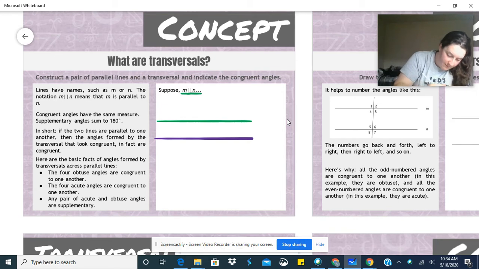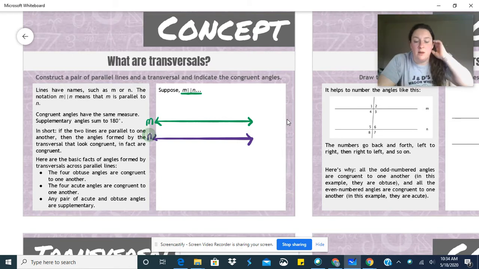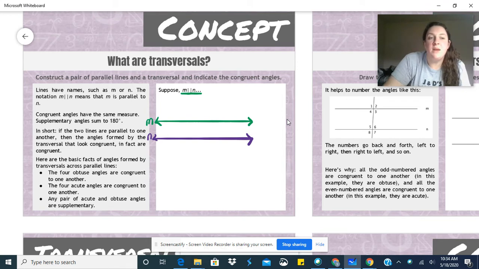We have line M, line N. Okay. The notation is telling you. So when you're reading your questions, when you see those two straight lines, that means that those two lines are parallel.